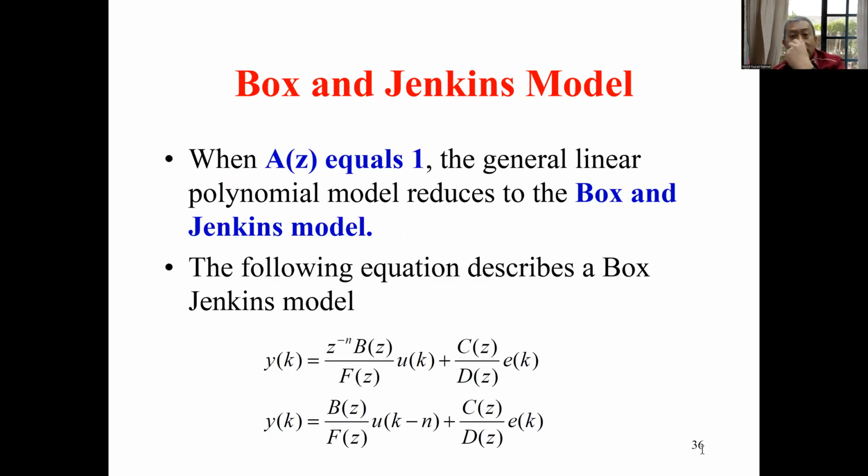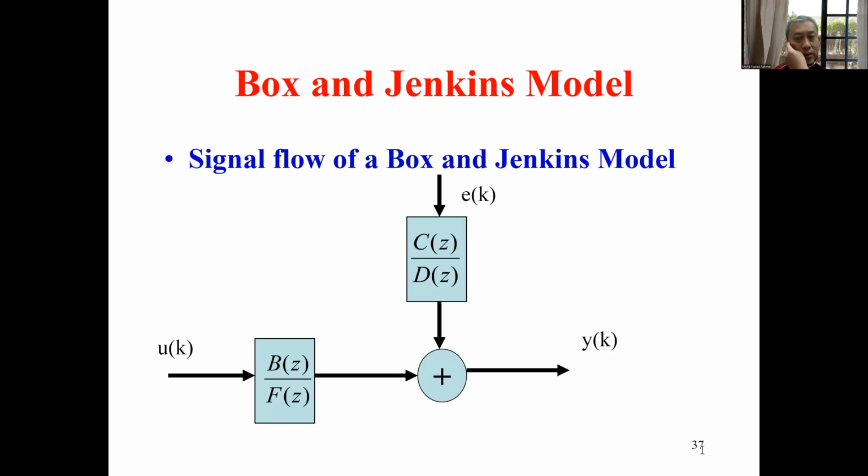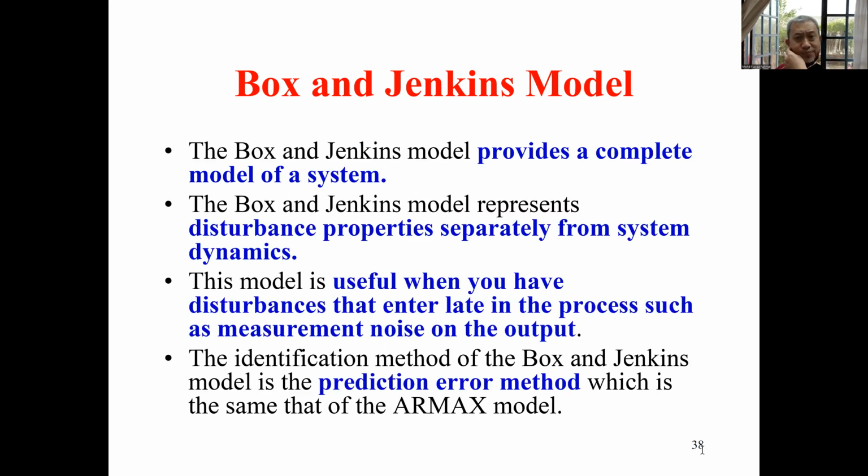The last one is the Box and Jenkins model. When we assume A equal to 1, the model becomes the Box and Jenkins model as shown in the equations. You can see that we have an input, we have the stochastic path, and the output is y(k).